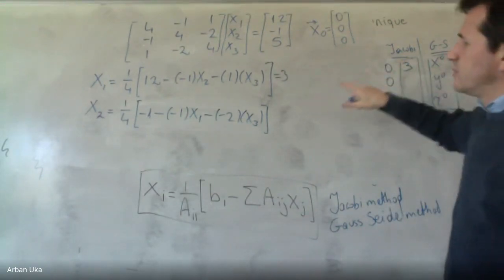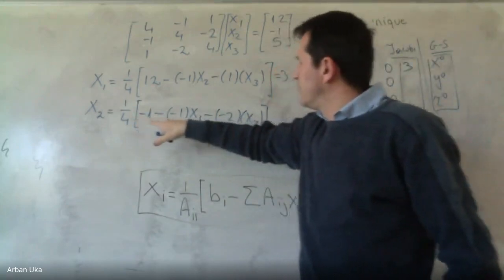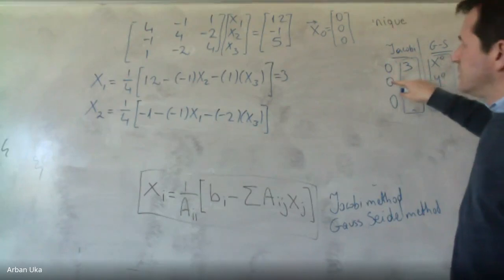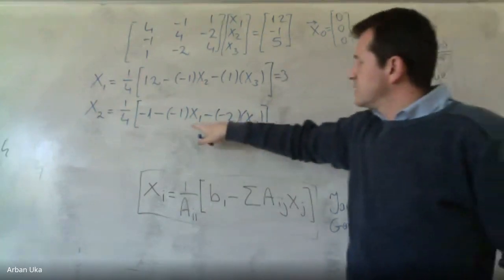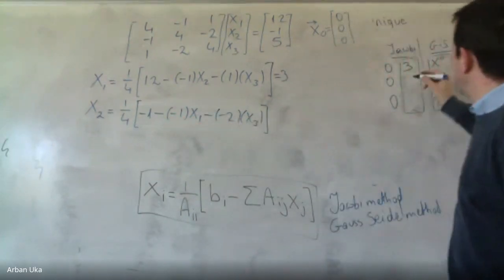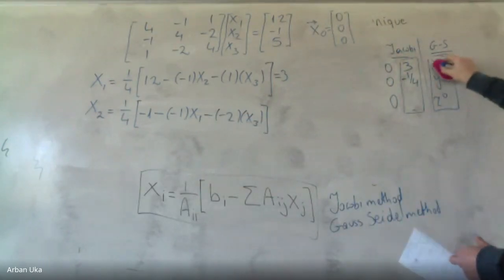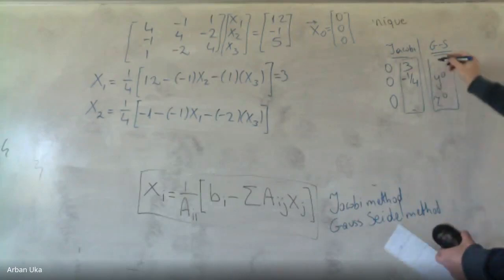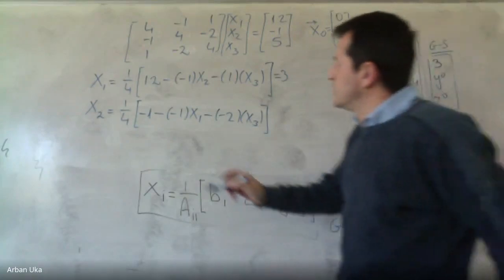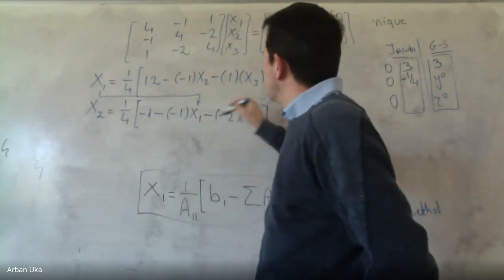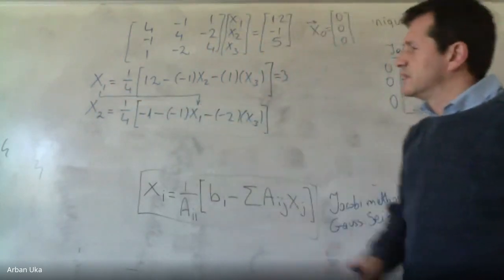Now, if we use the Jacobi method, this will be minus 1 over 4, because x1 and x3 are still 0. But if we use the Gauss-Seidel method, this has overridden the previous one already, and this value 3 goes here immediately.